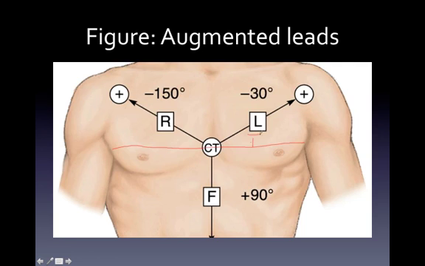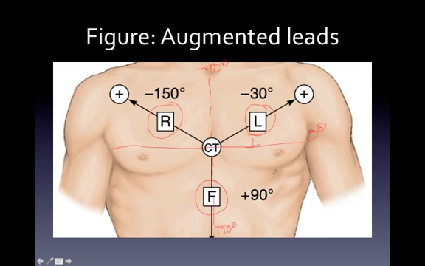This is still lead 1, just to give you a point of origin, 0 degrees. That would mean that this up here was negative 90 degrees, and that this down here was positive 90 degrees. And this is augmented voltage foot, positive 90 degrees. This right here is augmented voltage left, which is negative 30 degrees. And augmented voltage right is negative 150 degrees.